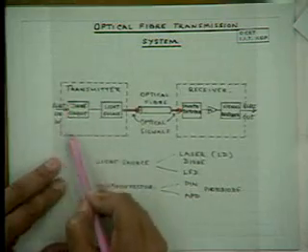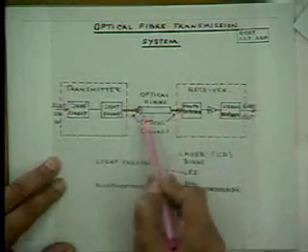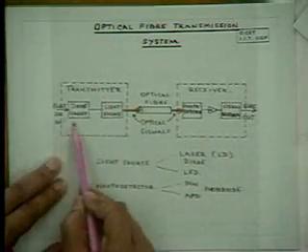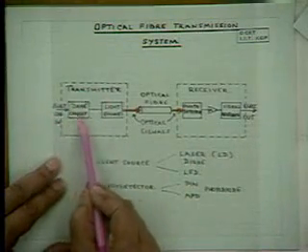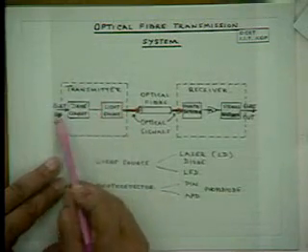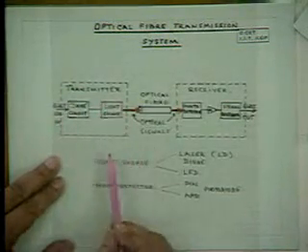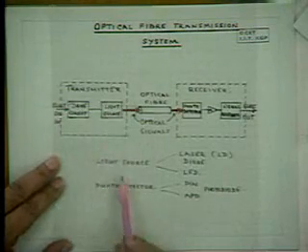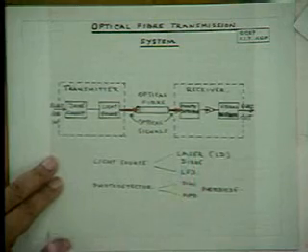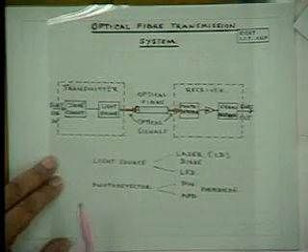It consists of a transmitter, a receiver with the optical fiber. In the transmitter we have a drive circuit where the electrical signal comes in, a light source, this is the optoelectronic device which converts electricity into light. The light sources can be of two types, laser diodes or LEDs.